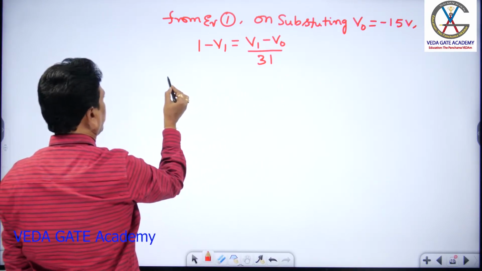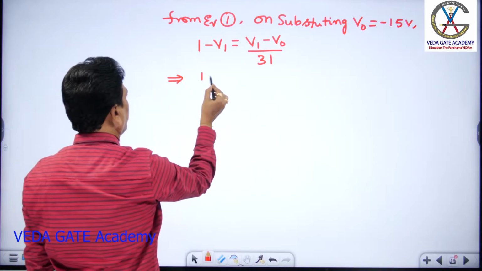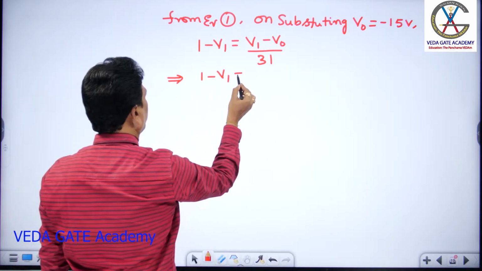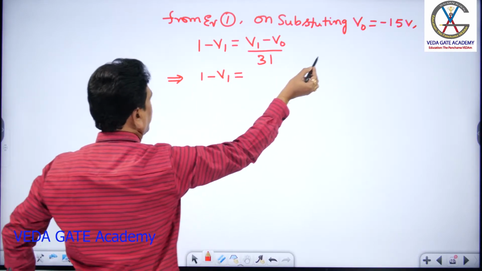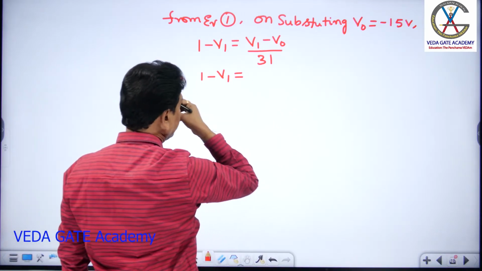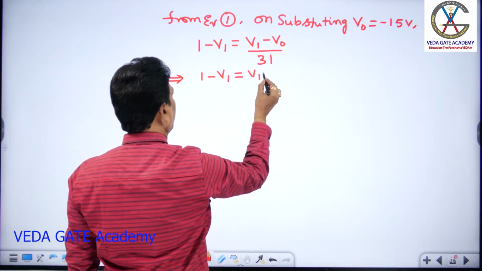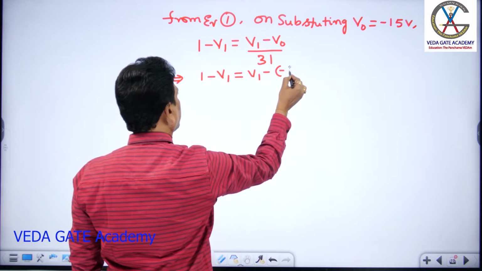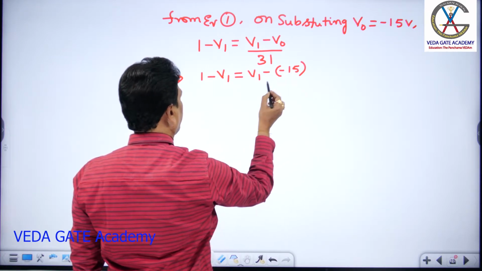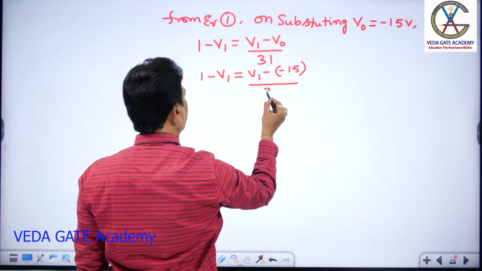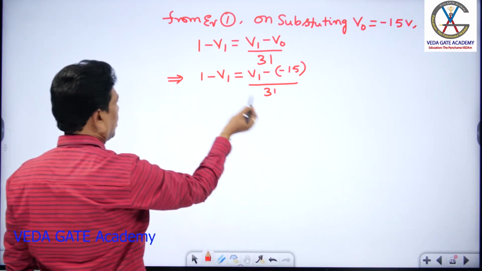Now I substitute that value there. 1 minus V1 equals V1 minus of minus 15, divided by 31. Take this one this side.